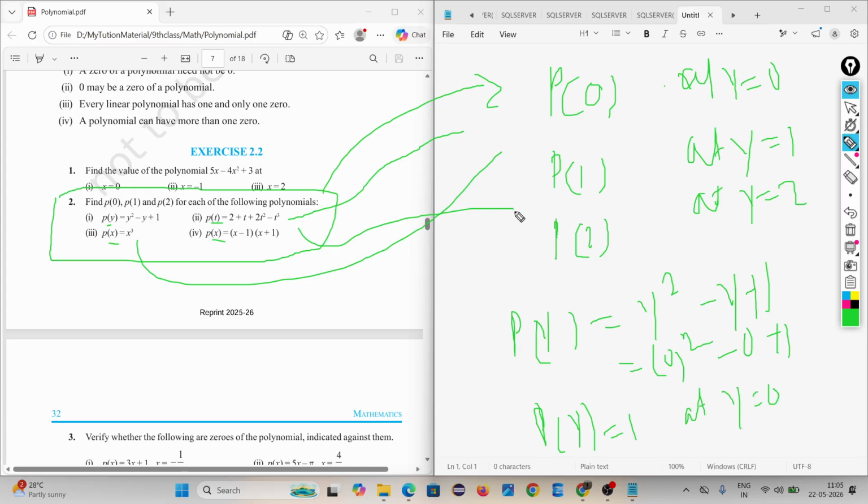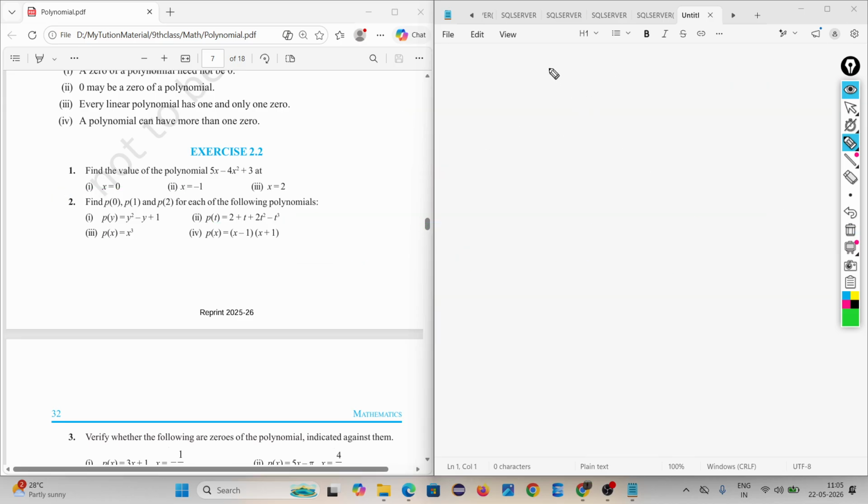Okay, then same thing, find p of y equal to y square minus y plus 1 at y equal to 1. Sir, answer 1.